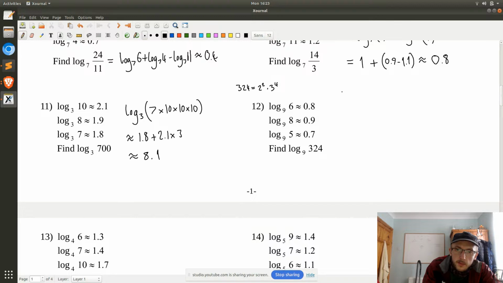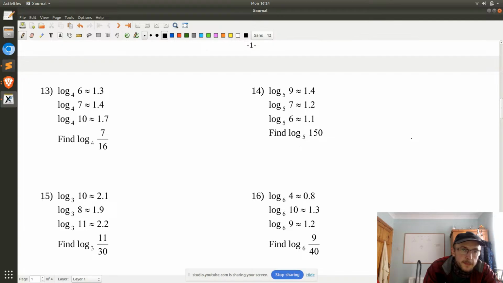Okay, so what it is, it's log base 9 of 6 twice. So in other words, this, much better. All right.